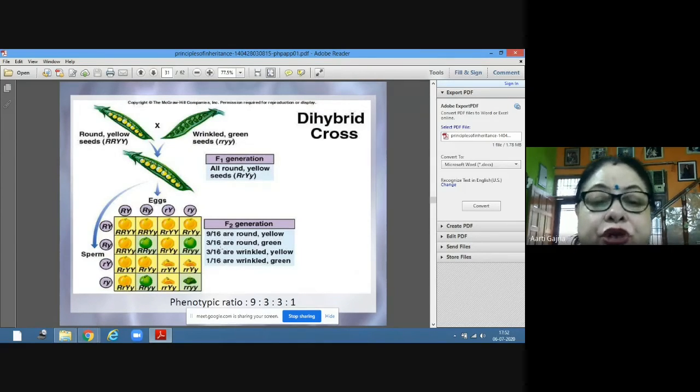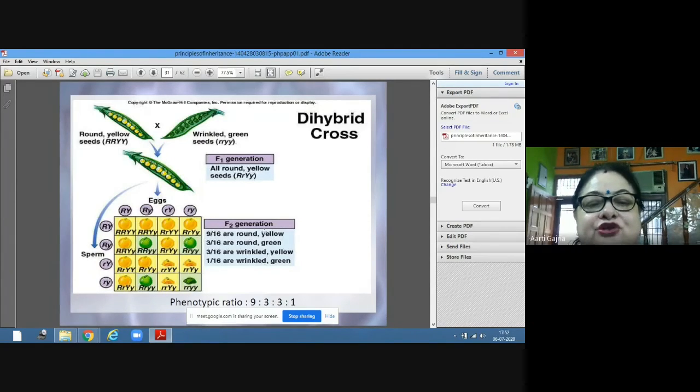Now, if you total out the round, how many round are there? 9 here and 3 here. 9 plus 3 is 12. And how many wrinkled? 3 here and 1 here, 4. So 12 is to 4. The ratio is 3 is to 1. Clear?